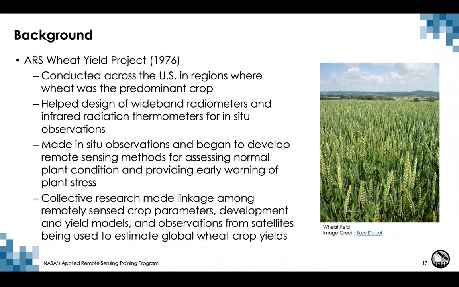The project was conducted across the United States in regions where wheat was the predominant crop. The Wheat Yield Project helped better the design of wide-band radiometers and infrared radiation thermometers for in-situ observations. It also began to develop remote sensing methods for assessing normal plant conditions and providing early warning of plant stress.